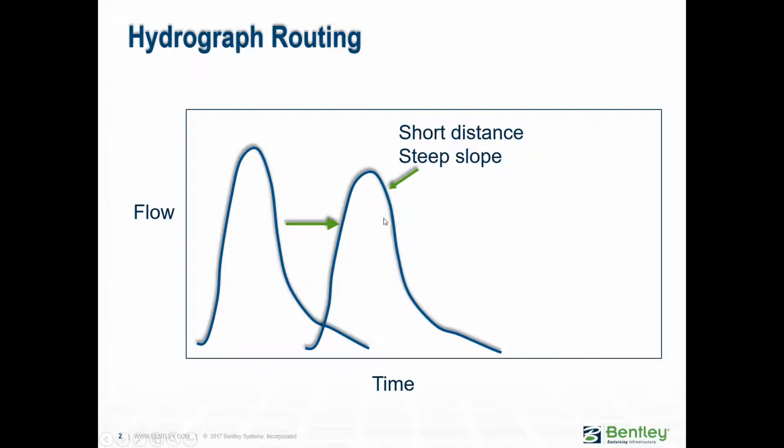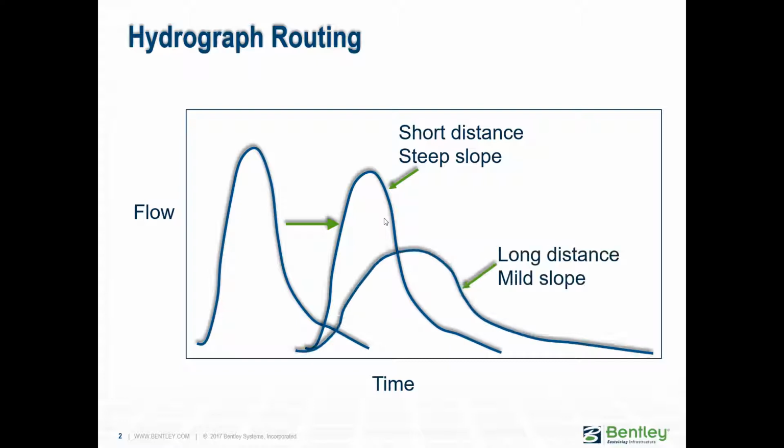So this is typical of how that hydrograph would transform as it moves downstream, either a short distance or down a steep slope. But if you go really, really farther downstream, then that hydrograph is going to look something like that. It's typical of what would happen over a long distance or a very mild slope.